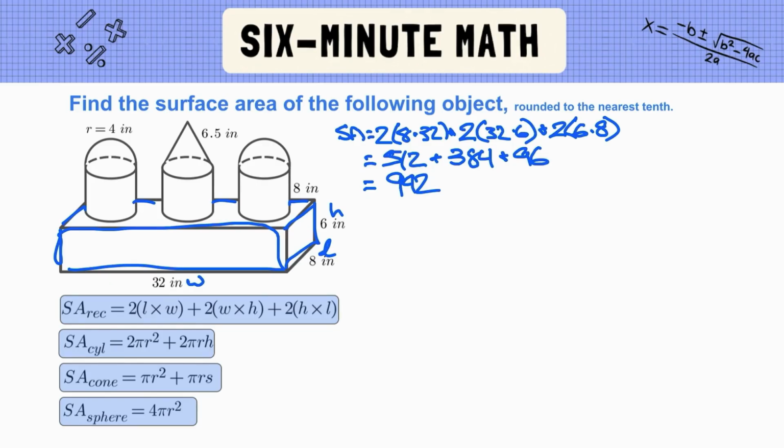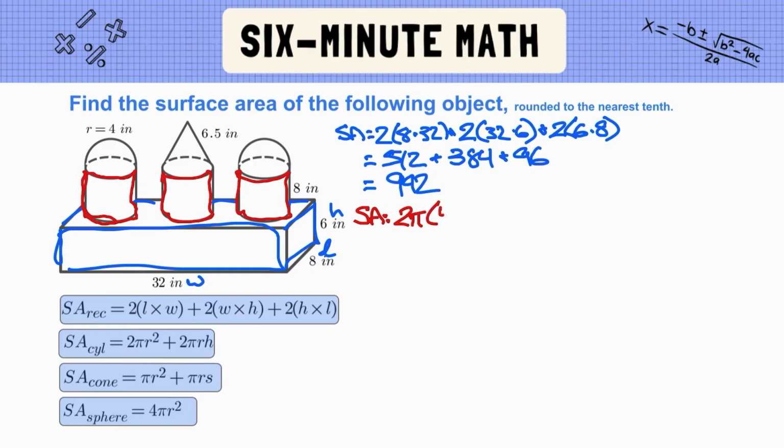For my cylinders, we are just going to figure out the lateral side of all 3 of them. So if I look at my cylinder formula, I know that it's 2 circles plus the lateral side. I'm just going to use that lateral side, which is 2 pi r h.